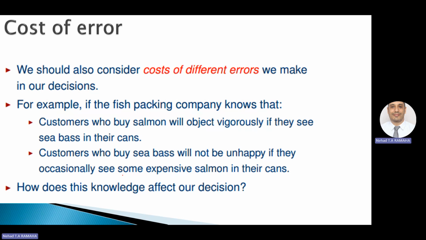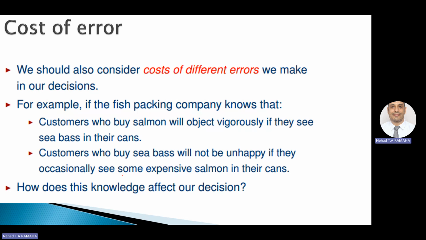Sea bass. Why? Because the cost of losing the customer here will be low. If you have this fish and you classify it as sea bass and it was salmon, the customer will be almost happy.